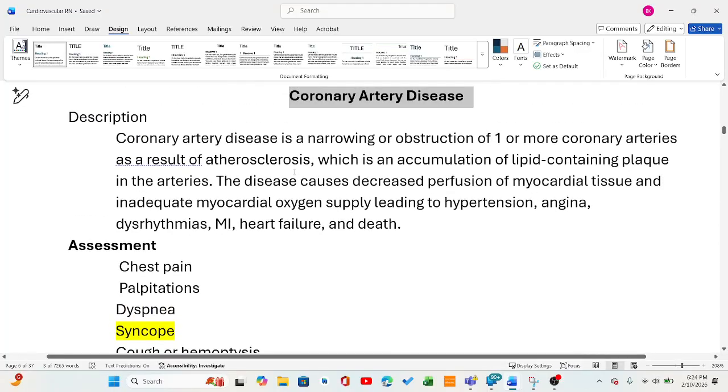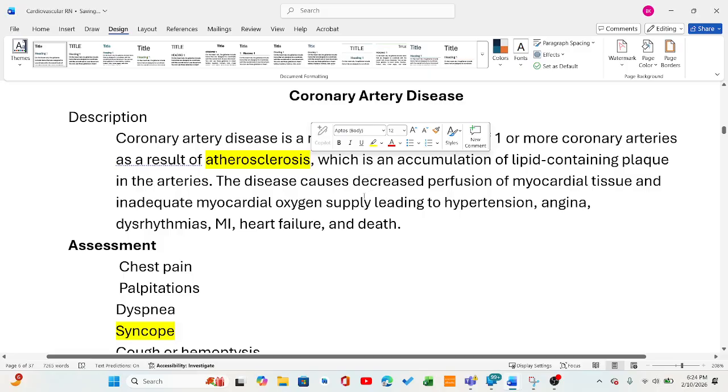With coronary artery disease, always remember the narrowing or obstruction of one or more of the coronary arteries as a result of atherosclerosis. By now you know what atherosclerosis is, which is accumulation of lipid-containing plaque in the arteries.